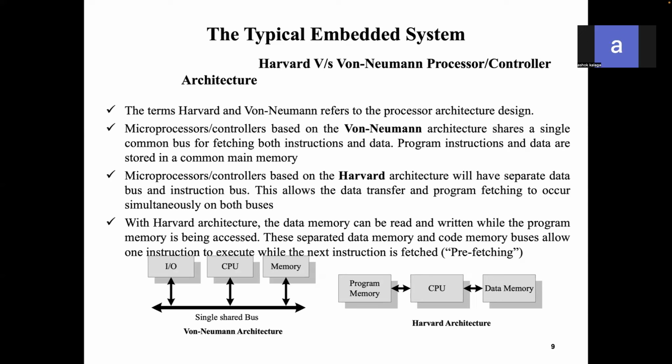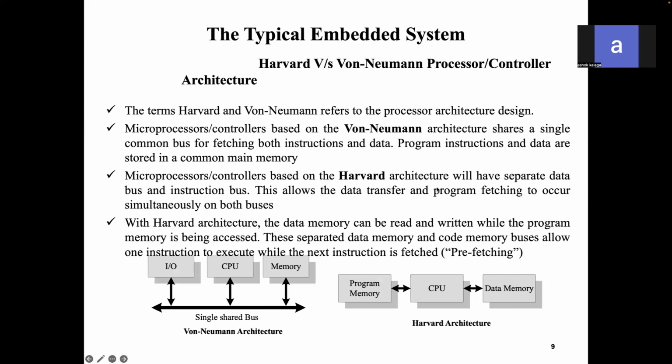The point here is whether we use a single bus between the processor and memory, or two different buses. Microprocessors and controllers based on the Von Neumann architecture share a single common bus for fetching both instructions and data. Here, the program memory and data memory are available in a single chip, and program instructions and data are stored in a common memory.